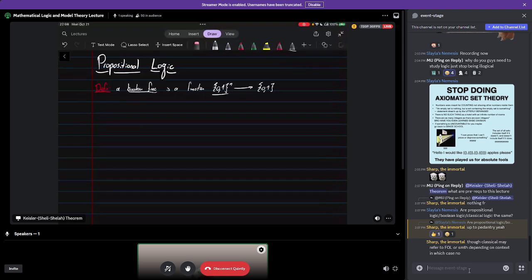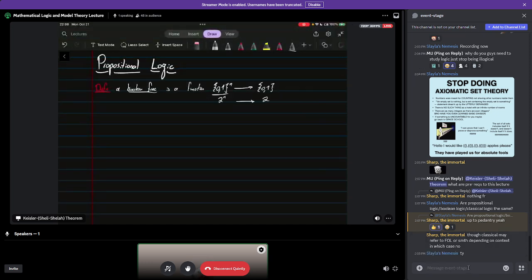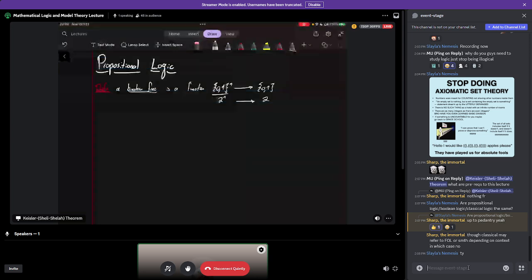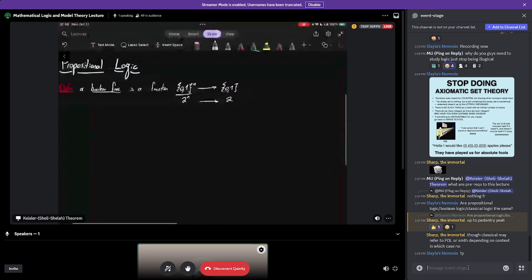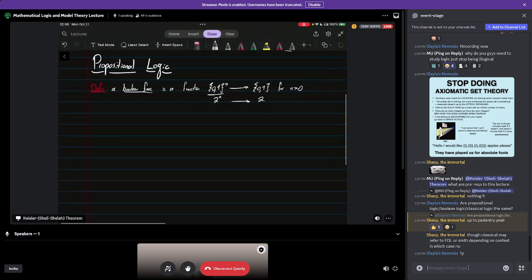It outputs a Boolean value. Another way we can write this is 2 to the power of n to 2, where 2 represents the set {0, 1}. When I'm lazy, instead of writing this whole set out, I'll just write 2. This is for n greater than 0, so for some positive n.